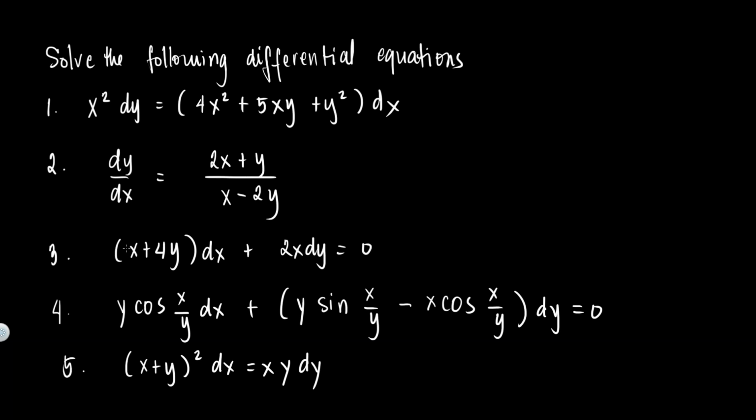Number 3, quantity x plus 4y times dx plus 2x times dy equals 0. Number 4, y cosine x over y dx plus quantity y times sine x over y minus x times cosine x over y times dy equals 0. And number 5, quantity x plus y squared dx equals xy dy. Okay? So, good luck.